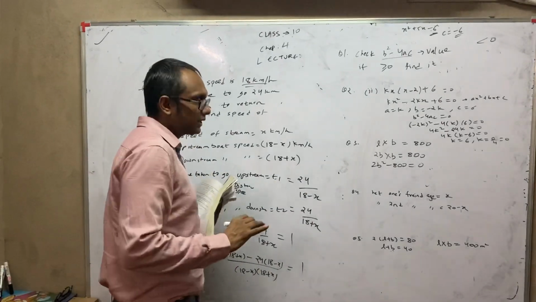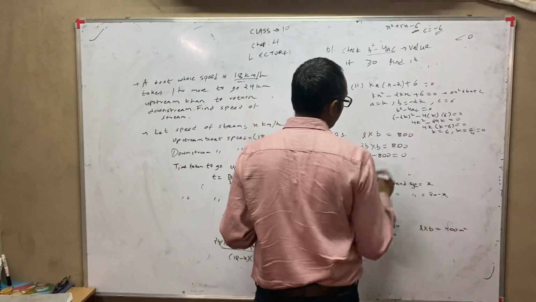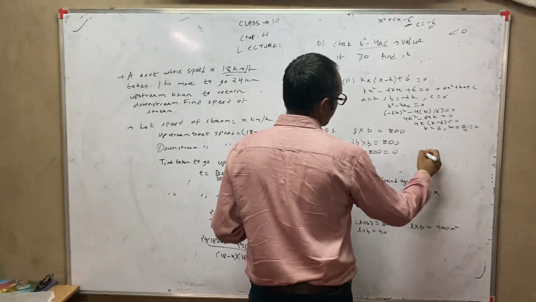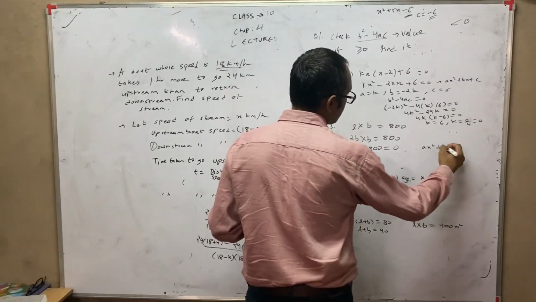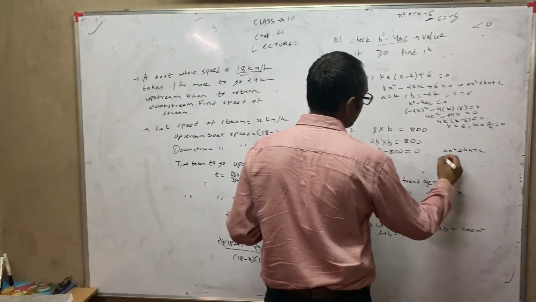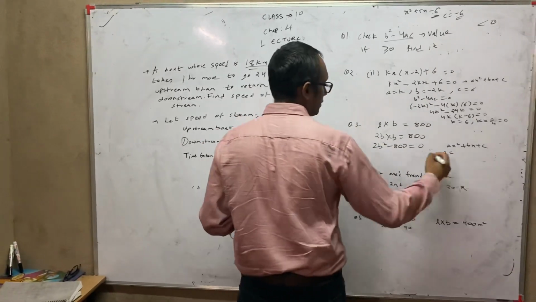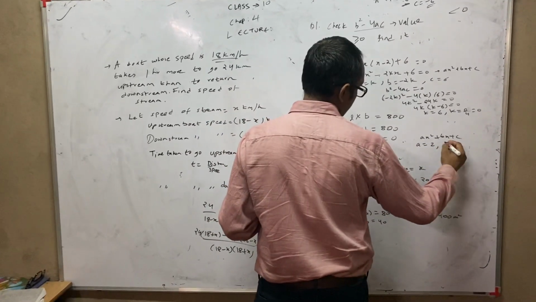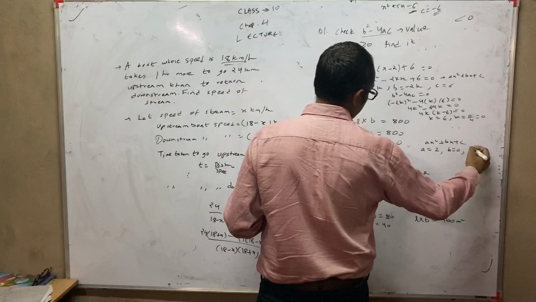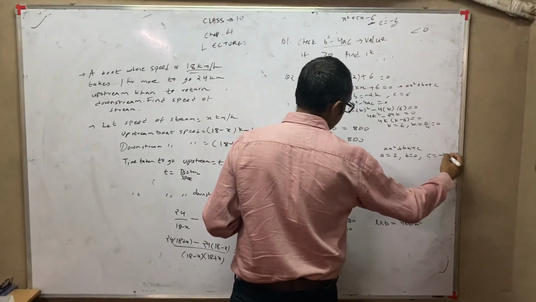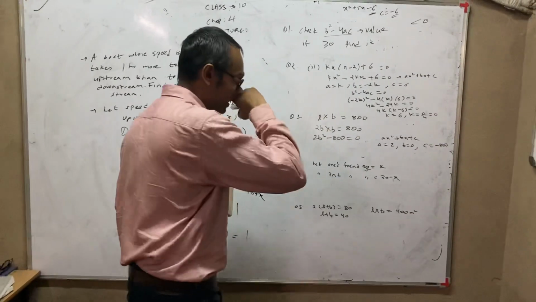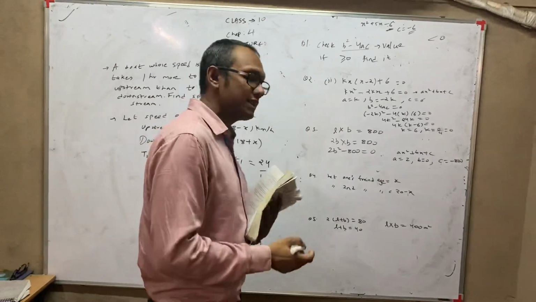Now before solving this sum, first you check the value. Suppose we compare with ax square plus bx plus c. So a value is 2, b value is not there, and c value is of course minus 800. Now you just check whether b square minus 4ac is greater than 0.